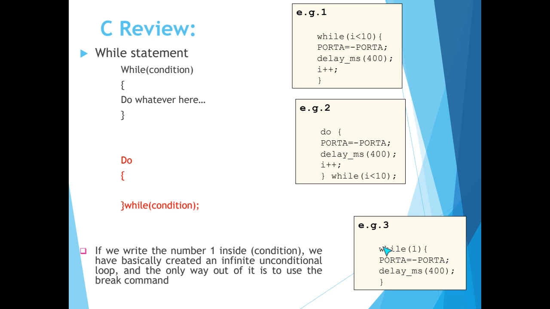For example, here you see while 1, and inside the curly braces we have the same code, or any kind of code that we want to repeat infinitely. When we write 1 inside the condition parentheses, it means that this code or body of the statements is repeated infinitely, and the only way out of it is to use the break command after this code. If we don't use the break command, it would be repeated infinitely.